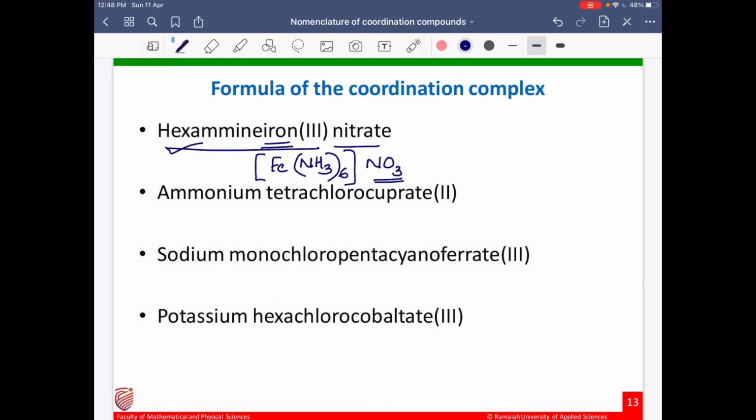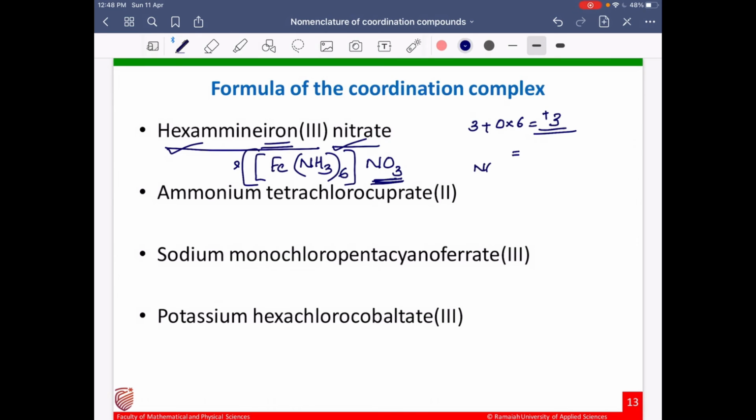Here the oxidation state of Fe is given, that is 3. So that is 3 plus ammonia doesn't have any charge, so 0 into 6. So the complex ion, the cation part, has a charge of plus 3. To satisfy that, NO3 also should have a minus 3.